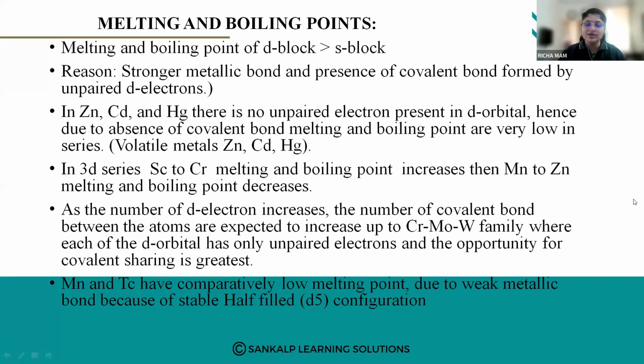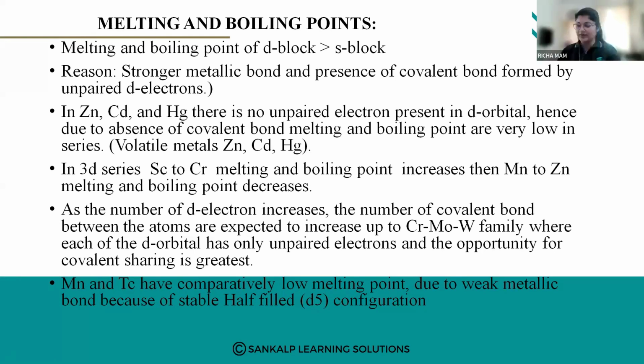We saw that the melting point was maximum for the d5 electron configuration. The plot was melting point versus atomic number. The metals of the second and third series, as you could see by the graph, had a greater melting point than the first series. So these were the things which we had seen in our last class.